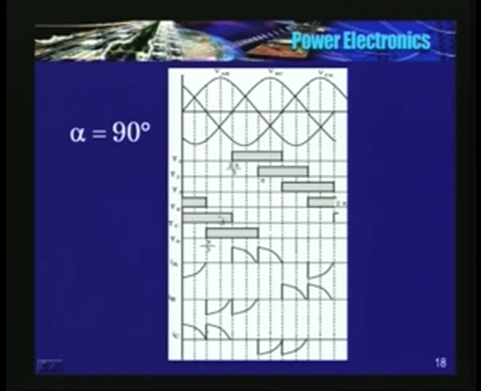And after 60 degrees from here, T6 will get triggered. Now, since the width of the gate pulse could be anything, I have drawn even T4 here. It has started from here at 2 pi, I can continue in this direction, but instead of continuing in this direction, I have drawn it here.